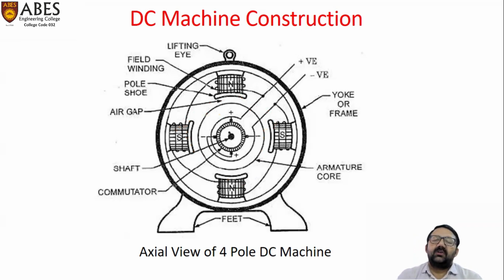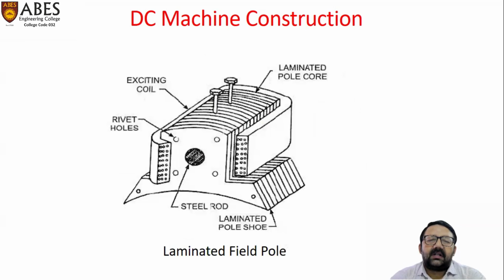Due to the interaction between electric and magnetic field, a torque is experienced by the armature conductors, and the entire armature assembly starts rotating. In that scenario, we can say that the DC machine is acting as a motor, as it is taking electrical input and providing mechanical output. So these are the important constructional parts of a DC machine.